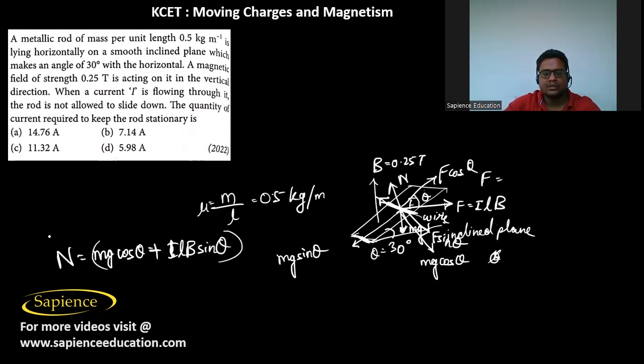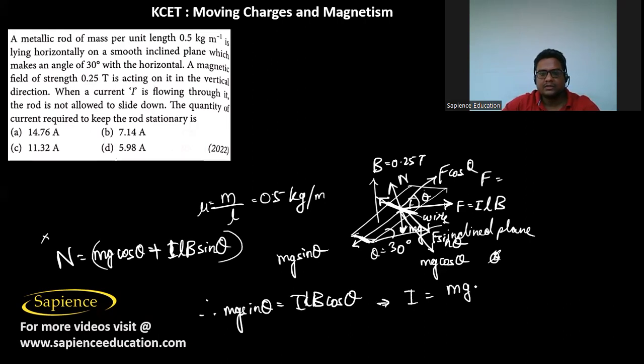Here the normal reaction is not asked, but the rod is not sliding. So it means the net force up the incline should be equal to the net force down the incline. Therefore mg sin theta should be equal to F cos theta, which is I L B cos theta. The current I has been asked. So I will be equal to mg sin theta by L B cos theta.